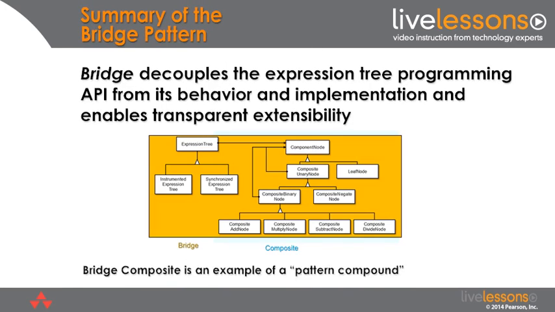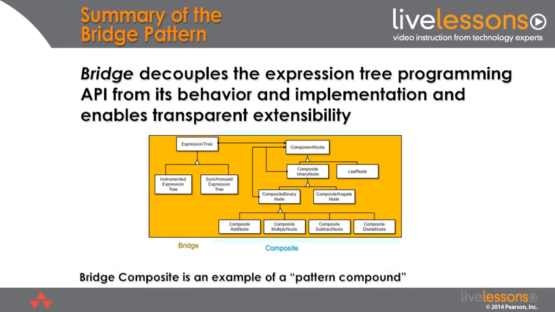So to summarize this pattern, bridge decouples the expression tree programming API from its behavior and implementation, and it enables transparent extensibility. I should also mention that a very common compound pattern in practice is bridge composite. We use the composite in order to be able to have the diversity of different types of nodes in some recursively composed design.